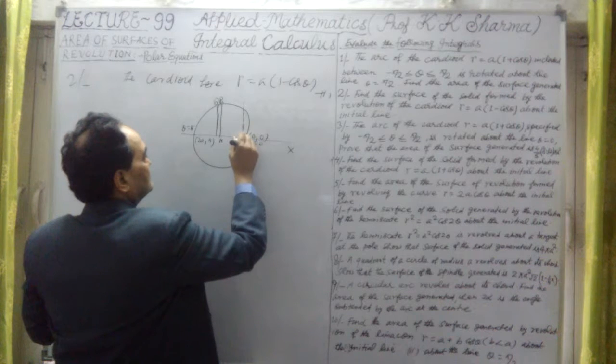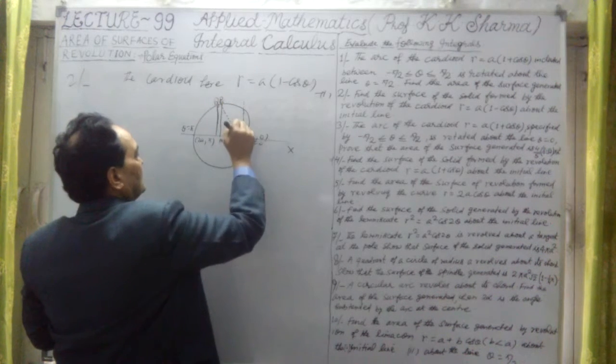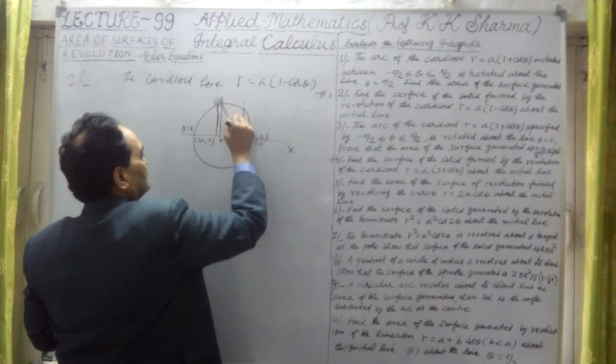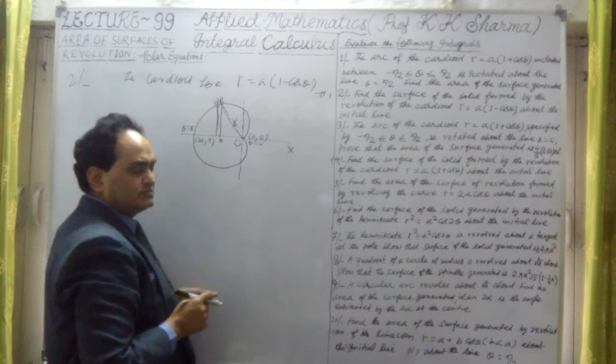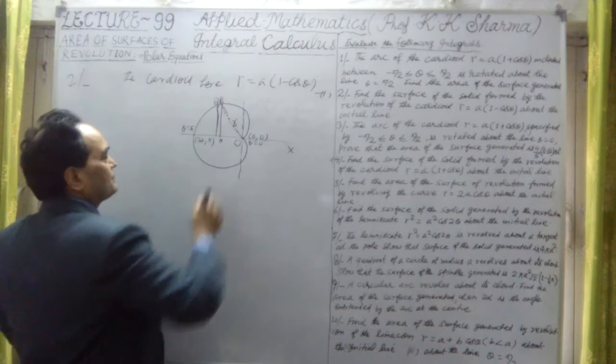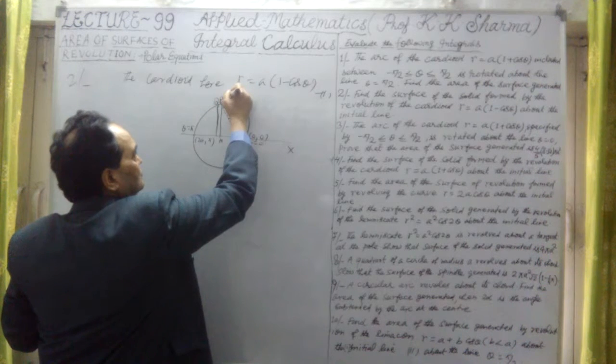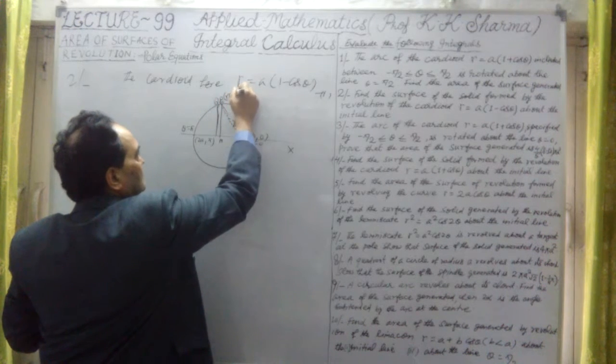Okay, and this is theta here. So we have to take this point from, this is r and r theta d theta. We will just calculate that in the same way as we took there. Okay, so we can take coordinates of this in polar equations as r cos theta, value of this, and r sin theta.